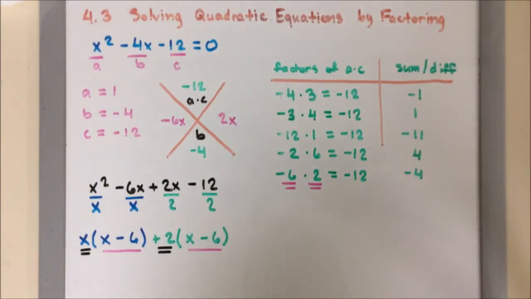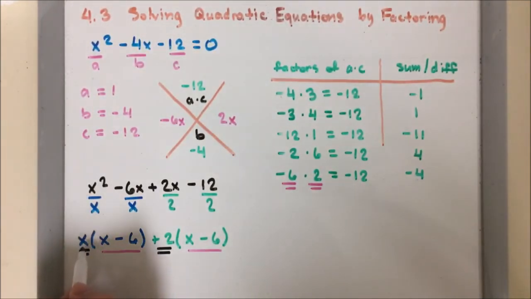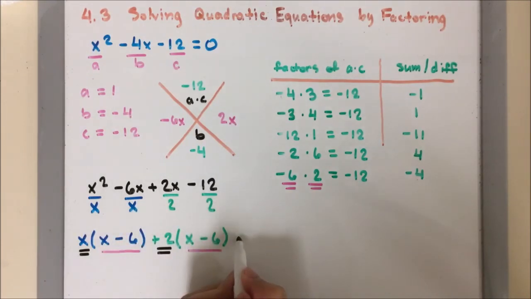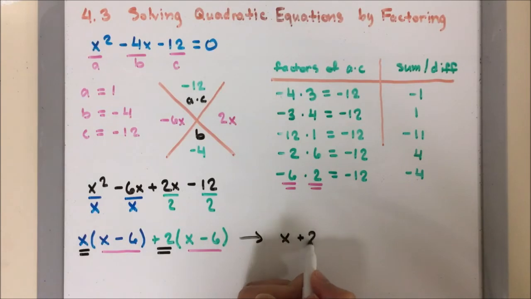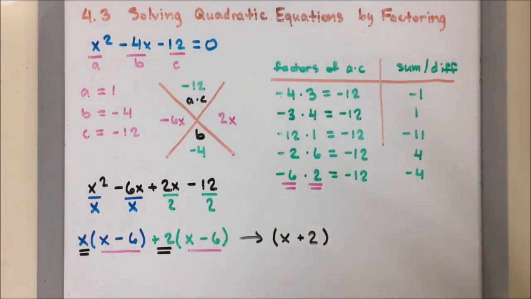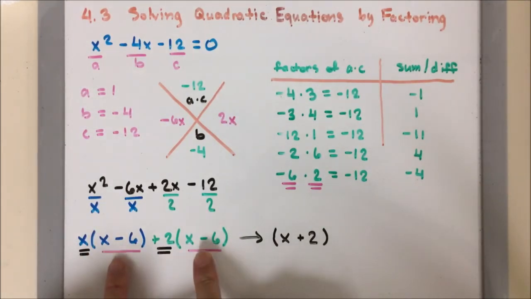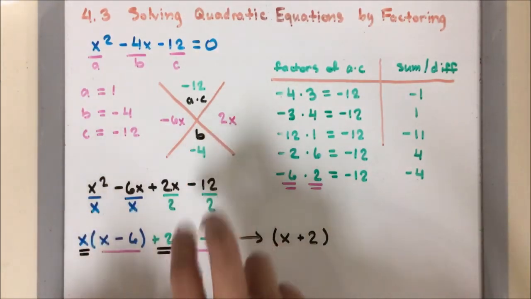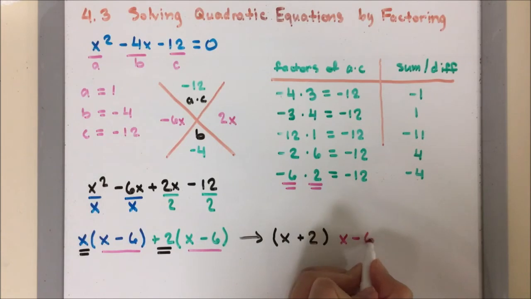So that's why it's called factor by grouping. Basically, we're going to group the left GCF and the right GCF as x plus 2. And I'm going to group it in parentheses. And then the common factors, the ones that are underlined in pink, the ones that were exactly the same, after I divide the left side and the right side, I'm just going to write it once, x minus 6.